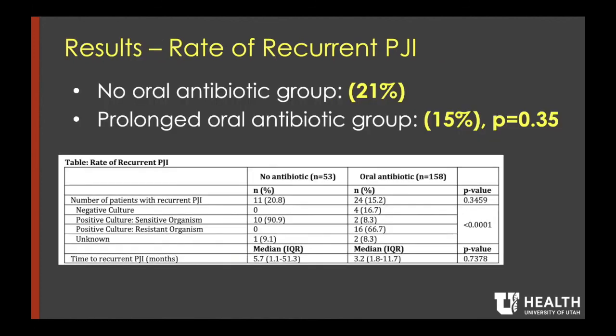Looking at our overall rate of recurrent PJI, if we just take a step back and look at the rate overall, it's actually quite low, and there's a lot of different numbers thrown around in the literature, but I think our success rate at this institution is quite good overall. Now, when we stratify the patients based on no oral antibiotics compared to receiving a prolonged course of oral antibiotics, the rate of PJI was 21% compared to 15%, which showed a trend towards a reduction, but this was not statistically significant.